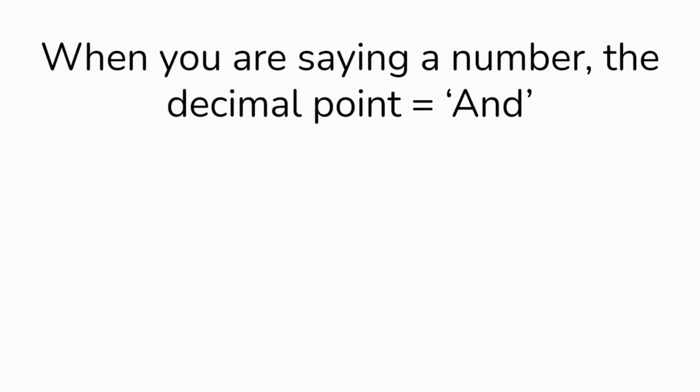And here's a quick note about the decimal point. When you are saying a number out loud, like I am saying numbers right now, the way you say the decimal point is you say the word and. So for example, this number, you don't say 1.4. A lot of people say that, and I say it sometimes too.